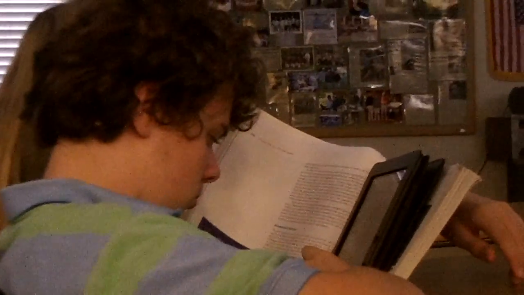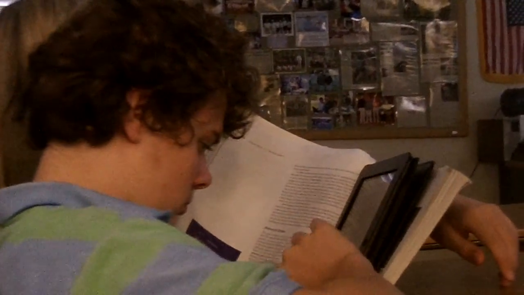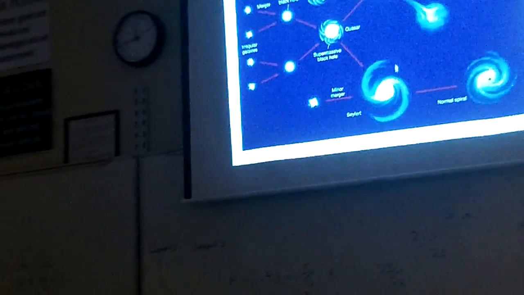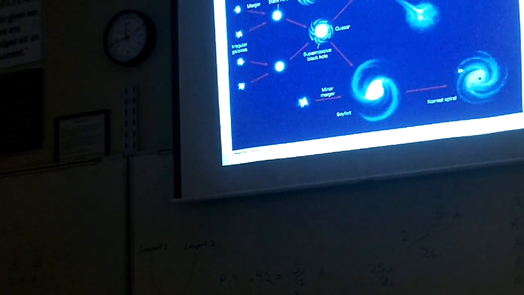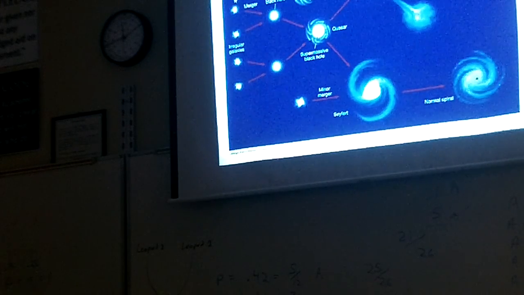So we get this final view toward the end of this chapter. They show that smaller galaxies can come together, merge into larger galaxies, and these mergers continue, forming spiral galaxies or large elliptical galaxies.